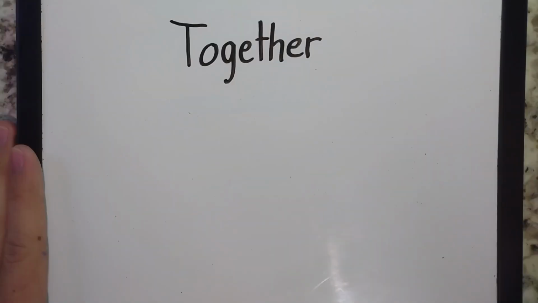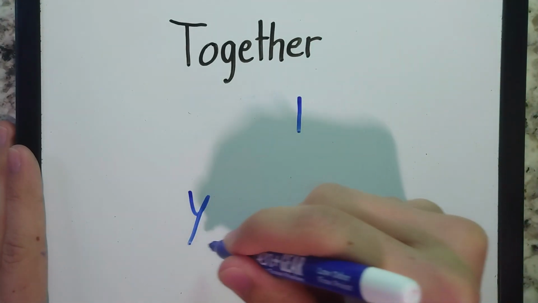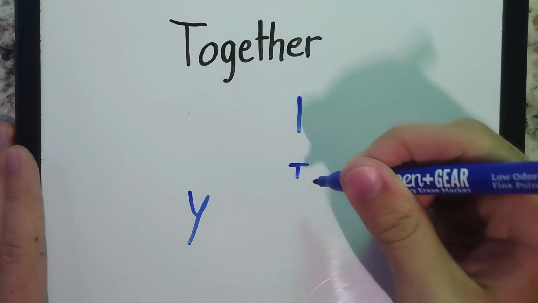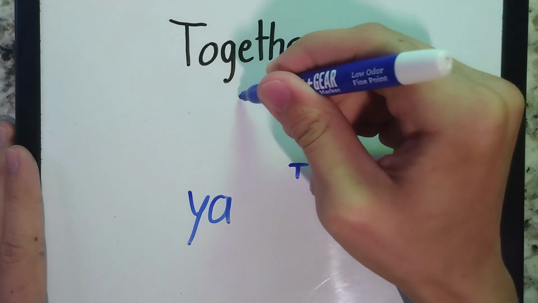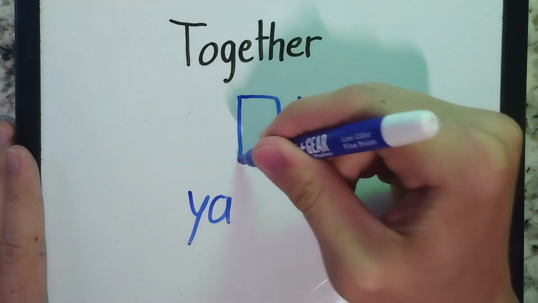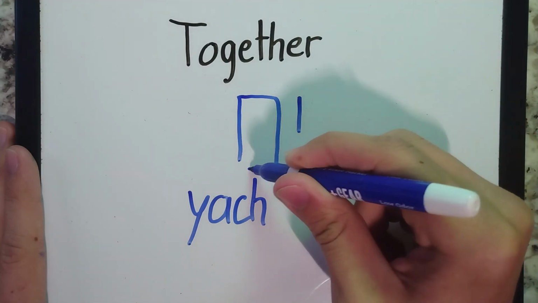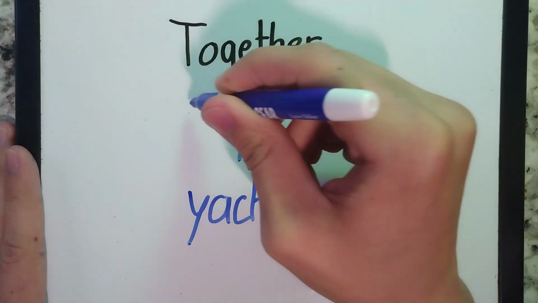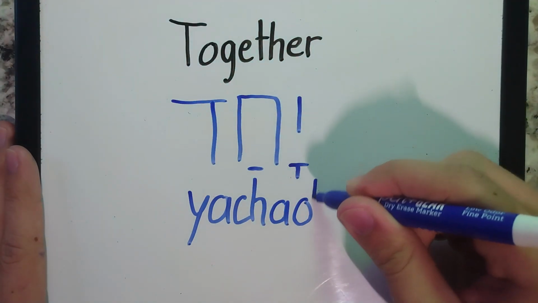The Hebrew word for together starts with a yod, which makes its y consonant sound. Under this yod is a kamatz, which says ah, and after the yod is a chet, which makes the guttural sound. Under the chet is a patach, which says ah, and the word ends with a dalet, which says d.